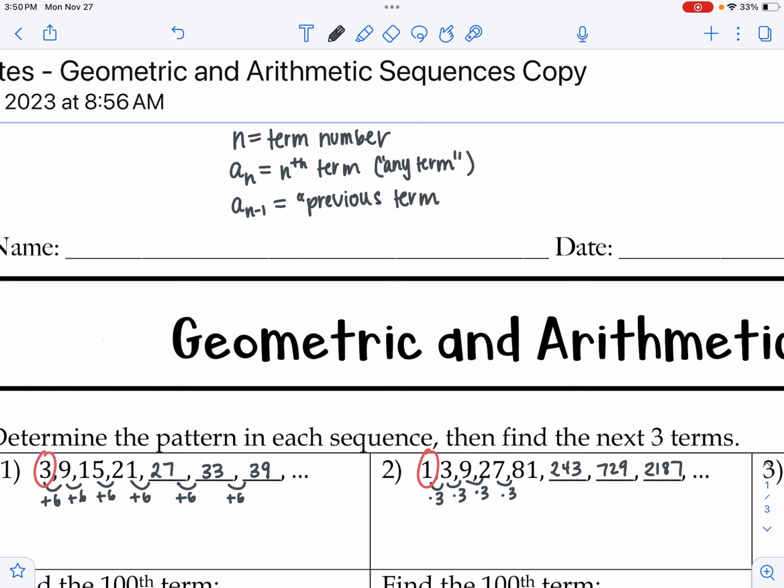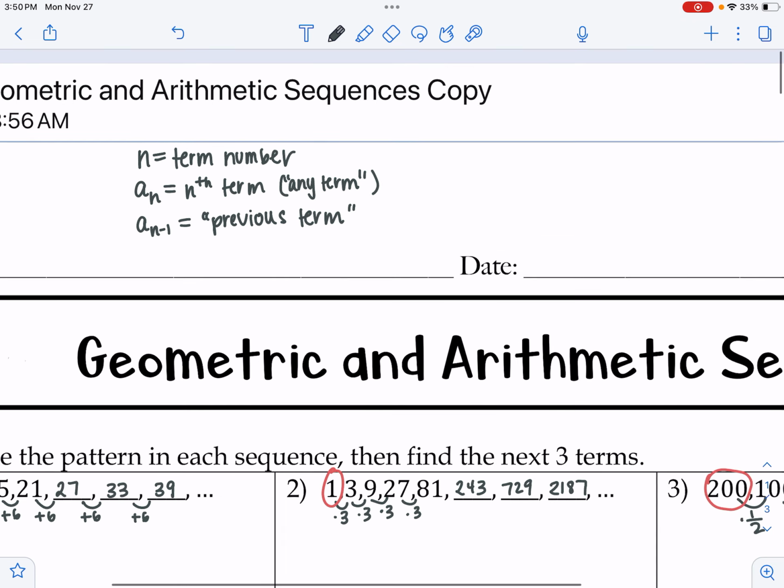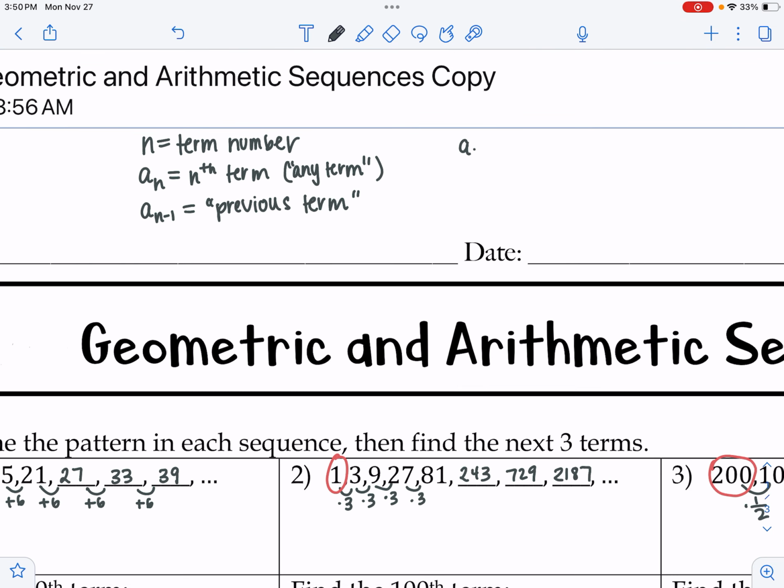It's just notation, so we don't have to keep writing any term and previous term. Right? And so a sub 1 would be the first term. And then a sub 2 would be the second term. I'm not going to write all that, but like a sub 100 would be the 100th term. Okay?